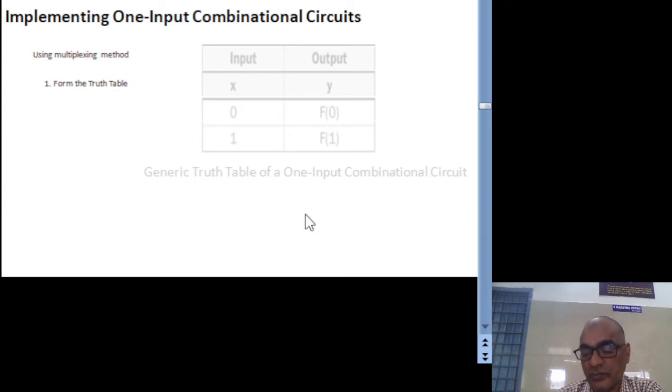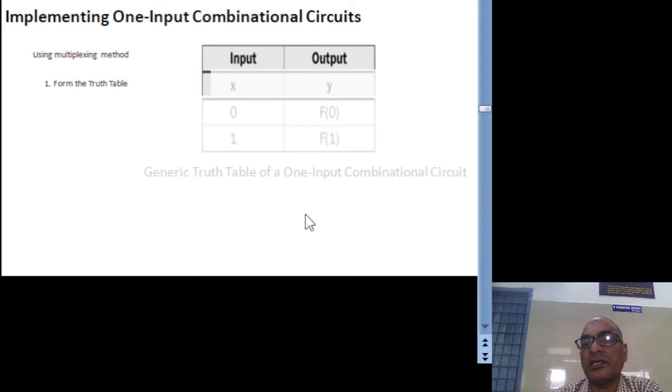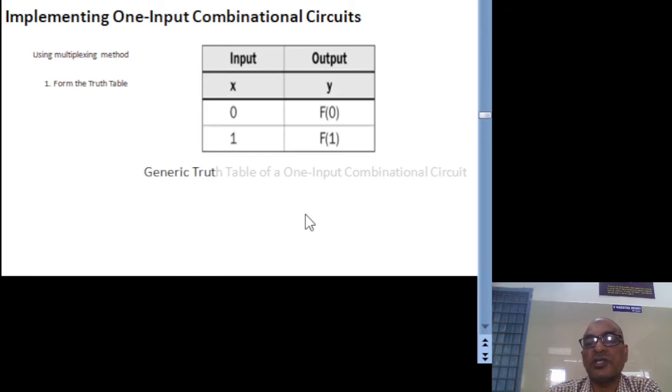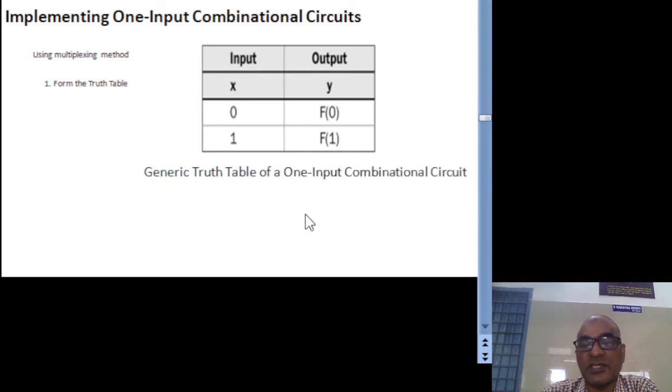Since it has one input and one output, for zero input let us suppose the output is f of 0, and for one input the output is f of 1. What the f of 0 and f of 1 values are, we don't bother about that now. With the 0 input the output is f of 0, with one input the output is f of 1.